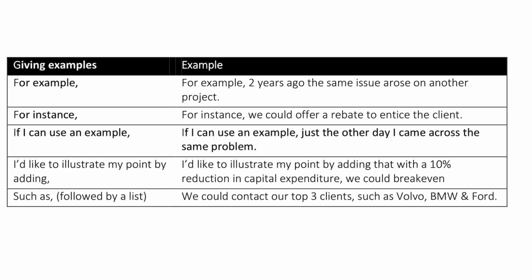So the first one and the most common is for example. So, for example, 2 years ago, the same issue arose on another project. Okay. Next one. For instance, we could offer a rebate to entice the client. Next one. If I can use an example, just the other day, I came across the same problem.